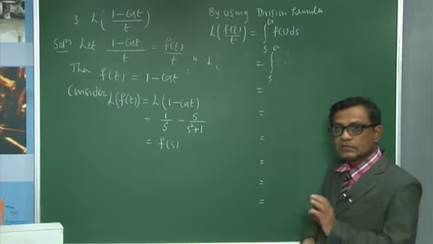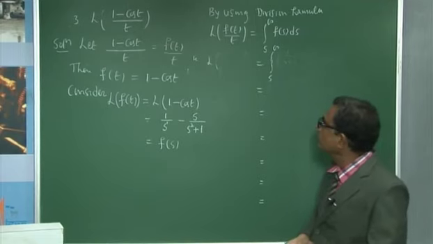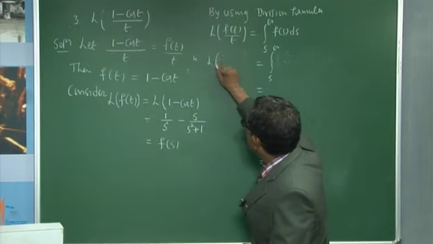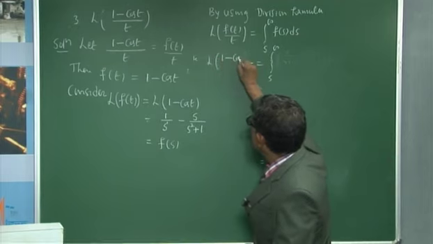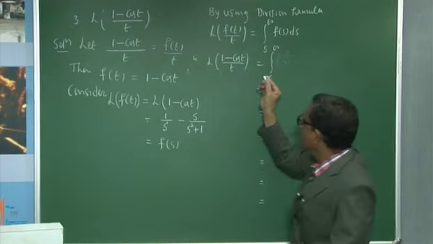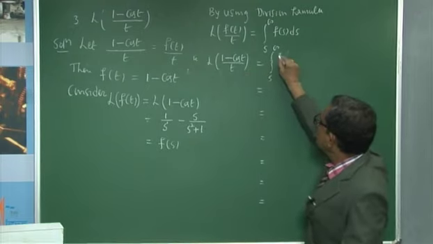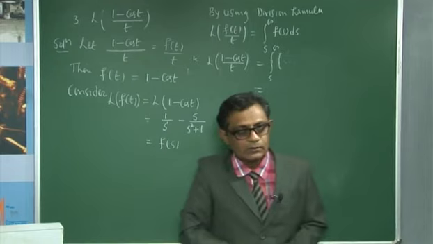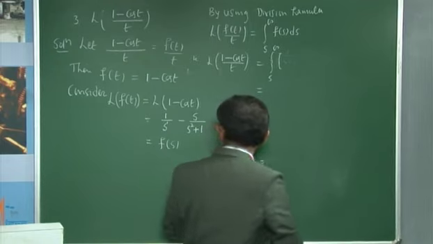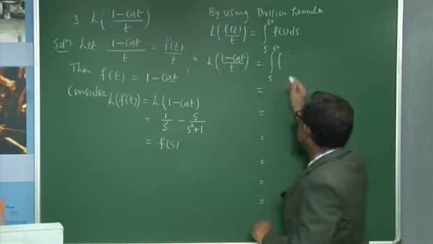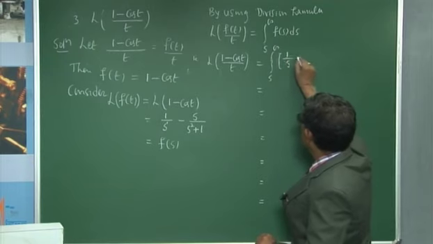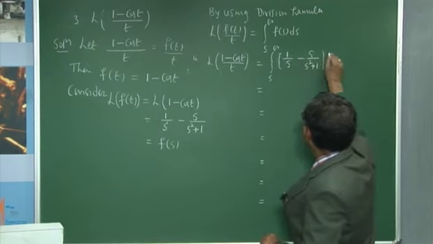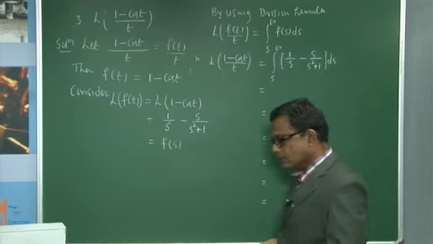Now substitute the corresponding values. What is L of (1 minus cos t) by t equal to? Integration from s to infinity. What is your f of s? Now this is your f of s: 1 by s minus s divided by s square plus 1, ds.